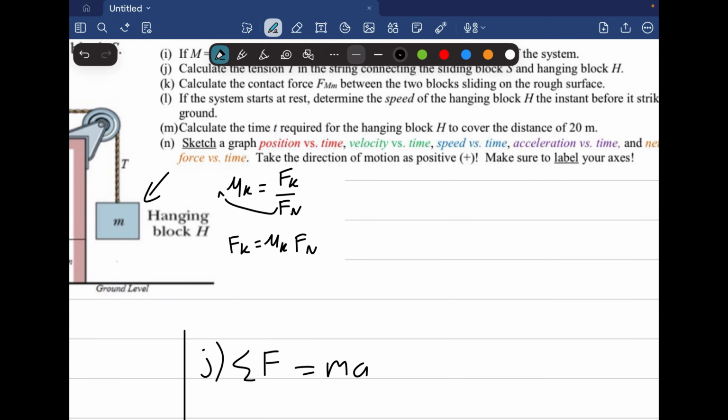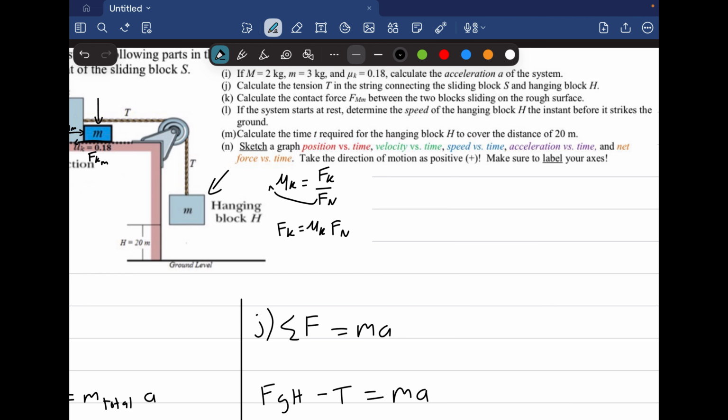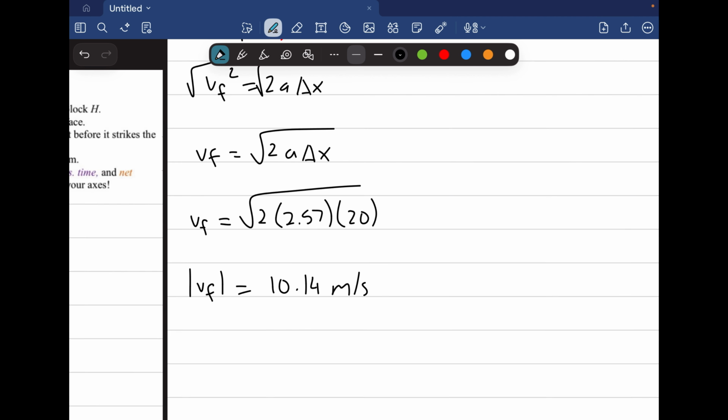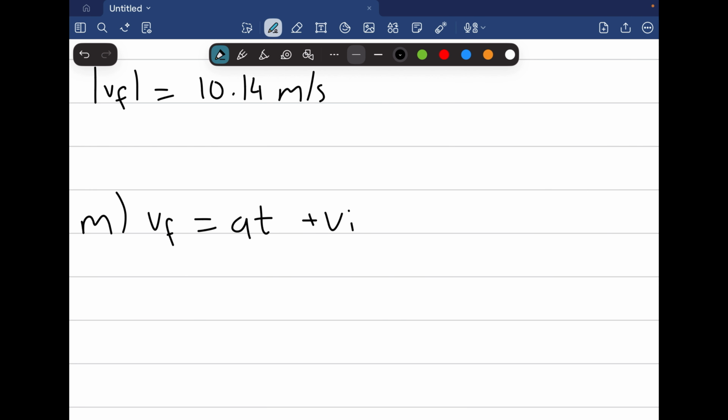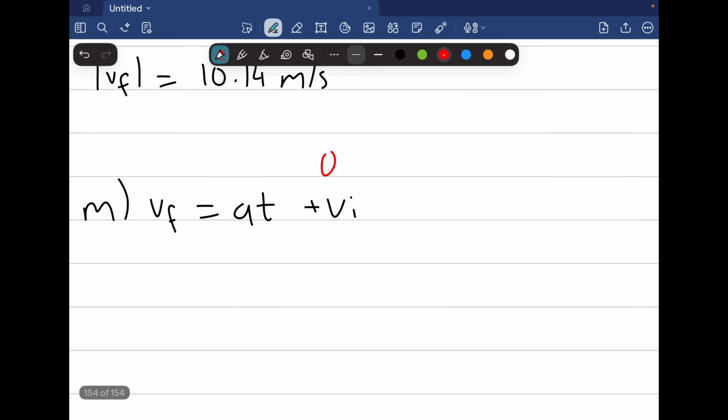In part M, calculate the time to cover the 20 meters. So we can do Vf is equal to at plus Vi, right? The velocity function. And then, start from rest. So this is 0. So technically, Vf is equal to at.